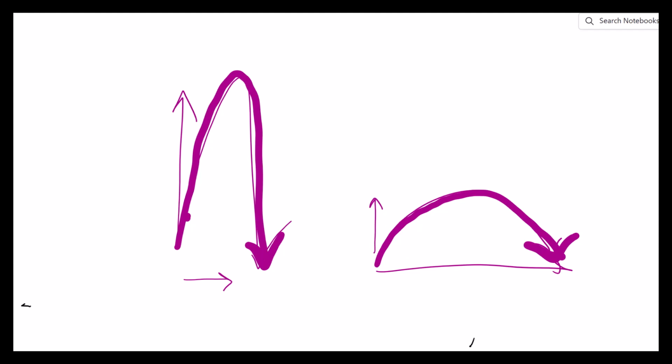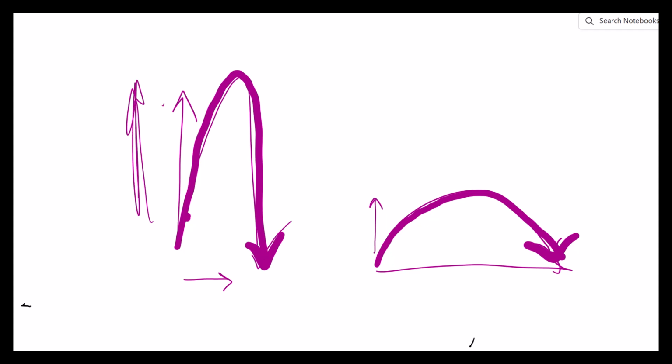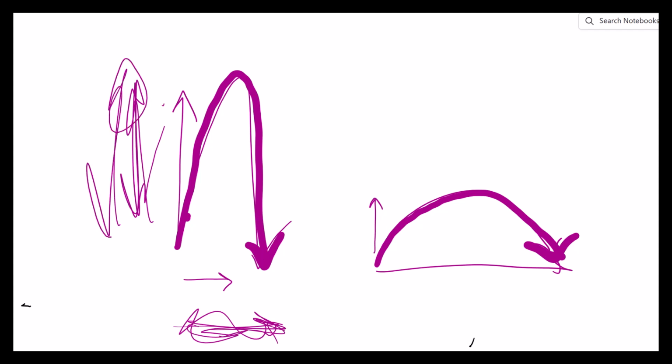So they are treated independently, and what's really amazing about this is that you can solve the up and down problem, and then you can solve the left-right problem, and sometimes you solve part of the left-right problem, and then you solve part of the up-down problem.